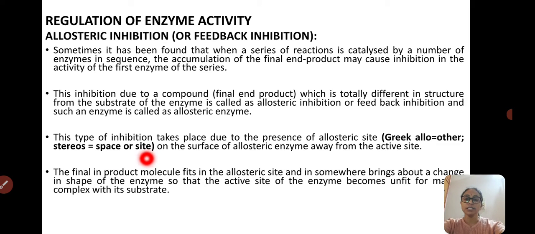Other site. Allosteric inhibition is nothing but where a substance, usually the final product of the reaction, acts as the inhibiting agent, attaching to another surface of the enzyme, so that the enzyme is completely changed, the active site conformation is changed, and thus the substrate molecule is inhibited from coming and binding to the enzyme.